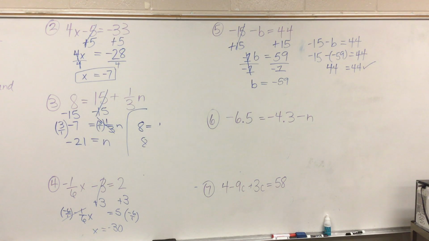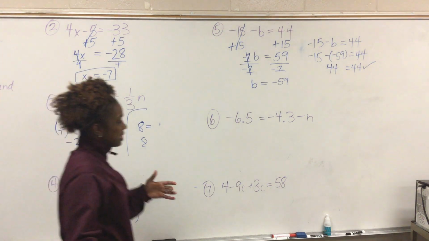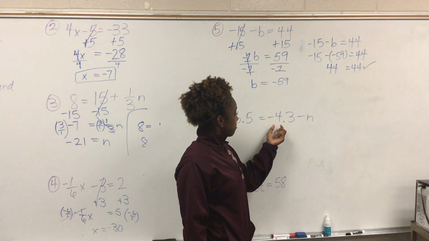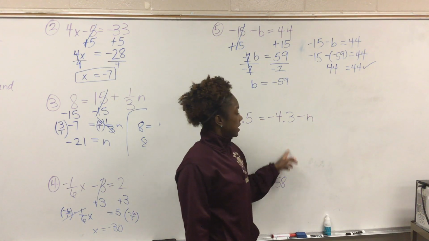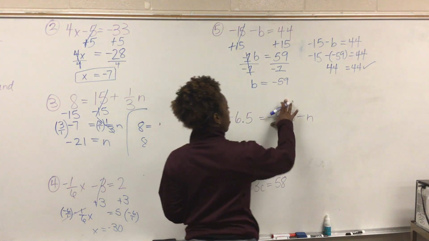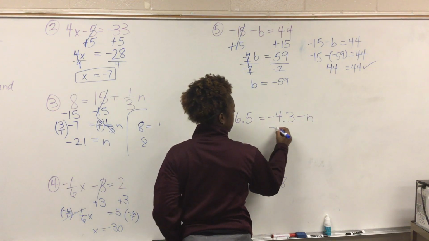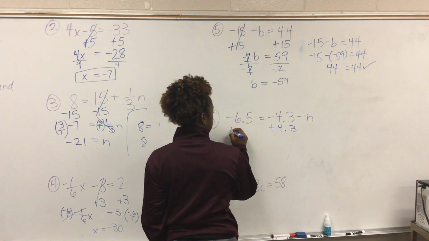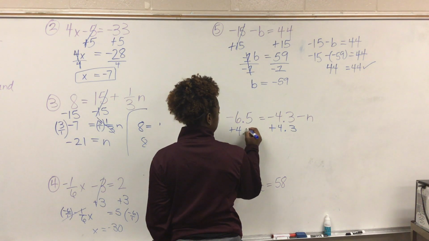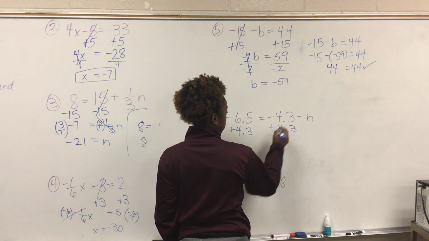All right, now, pause it. So for number 6, we're going to do the same thing. This negative 4.3 minus n, so if I subtract it, it's still going to be here. So I want a zero pair. So if this is negative, I need to make this positive and add on both sides of the equal sign. This cancels out.